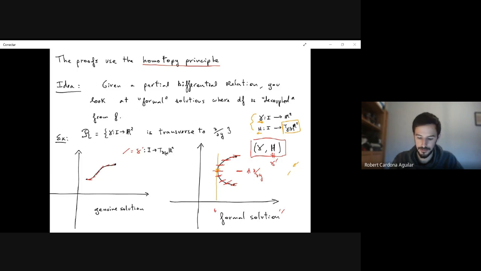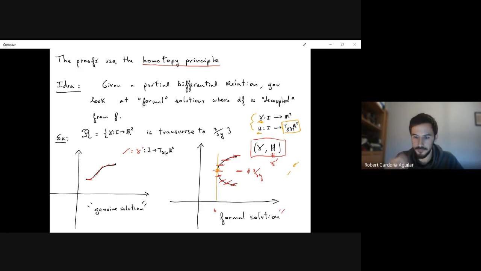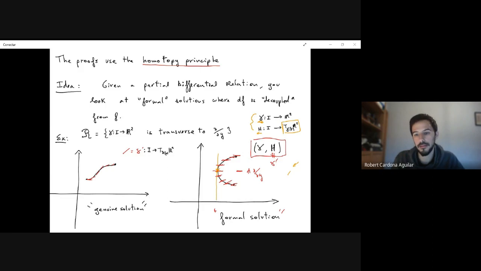Is there any question about this? Yes. Sorry, maybe it's the next point, but my question would be, how do you choose this H? Is there any restriction? You said one direction, but you could choose any other for each point, no? Yeah, this will depend on your problem.